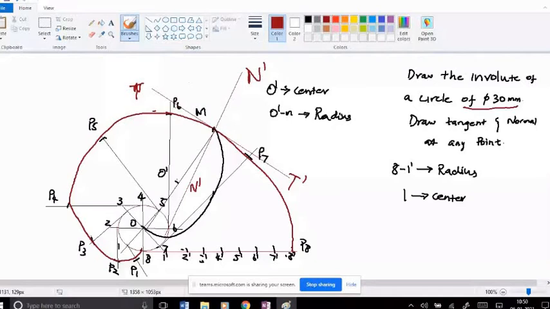So choose any point and do the dimensioning. Diameter 30. The second thing is this length, which is nothing but the circumference. You need to dimension this.